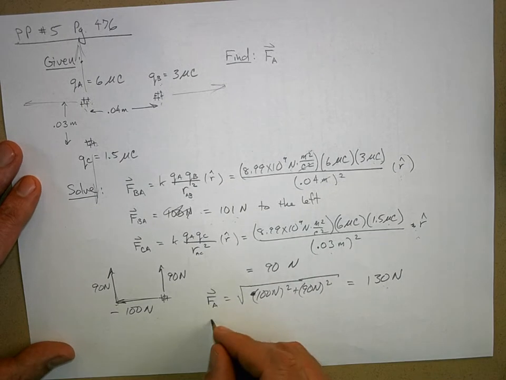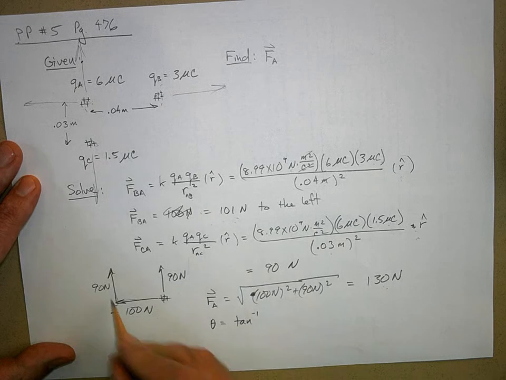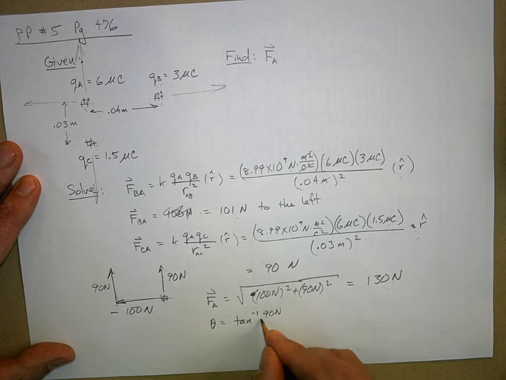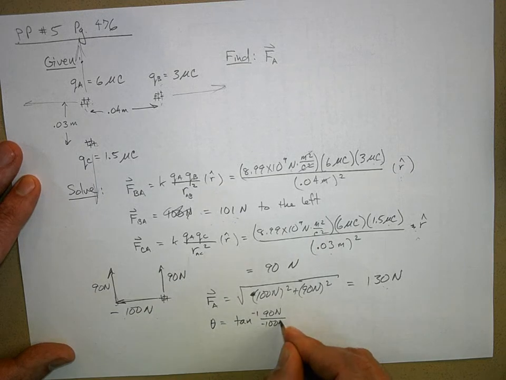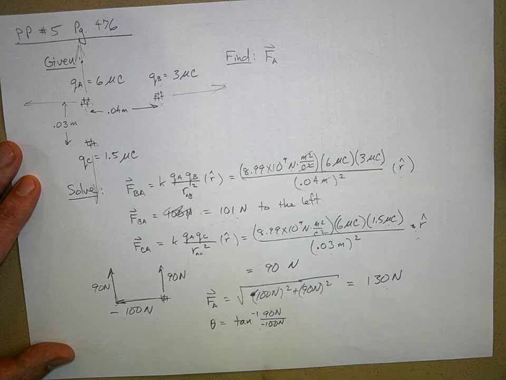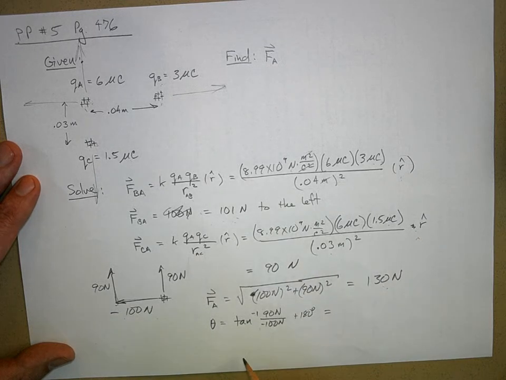But what's the angle? Well, you take the inverse tangent of the y value over the x value. What is x? To the left, to the left. So that's negative. What do you do when you use inverse tangent and your x component is to the left? You add 180 degrees to your answer, because this is going to give you a negative angle.